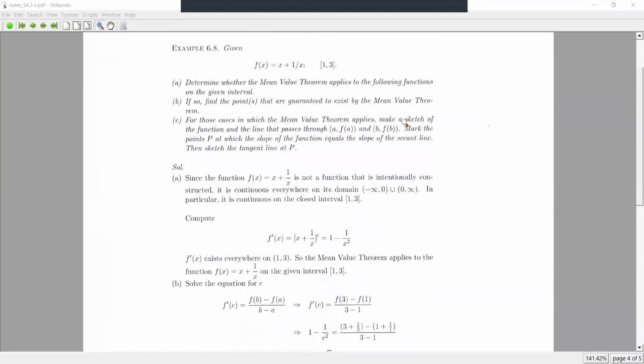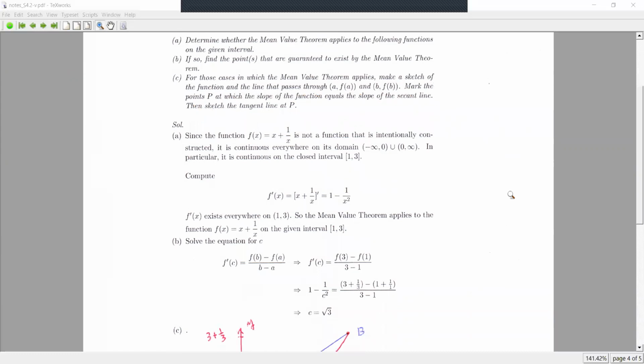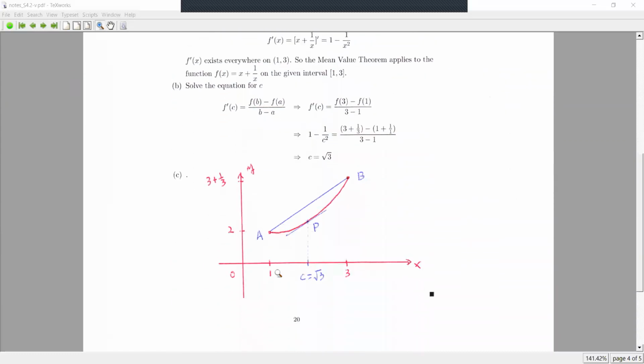Question C. Make a sketch of the function and a sketch of the line that passes the two endpoints. Okay. From 1 to 3, the red curve is the graph of the function f.